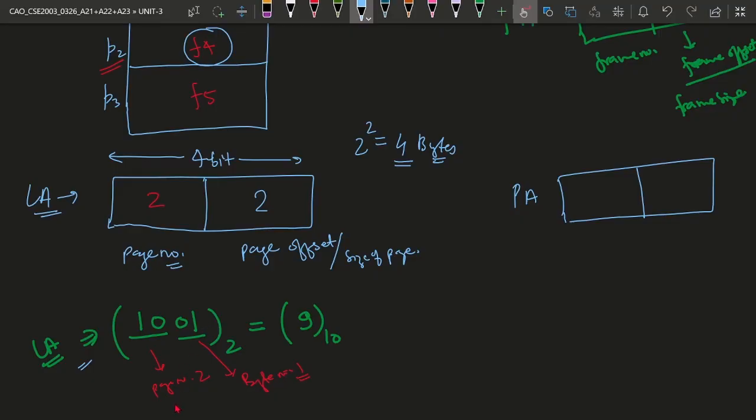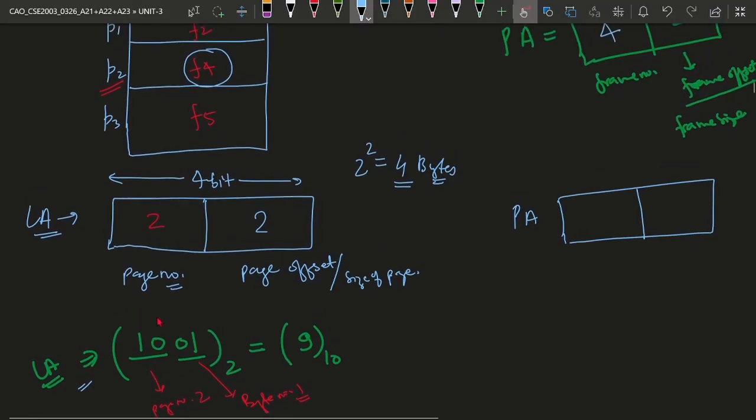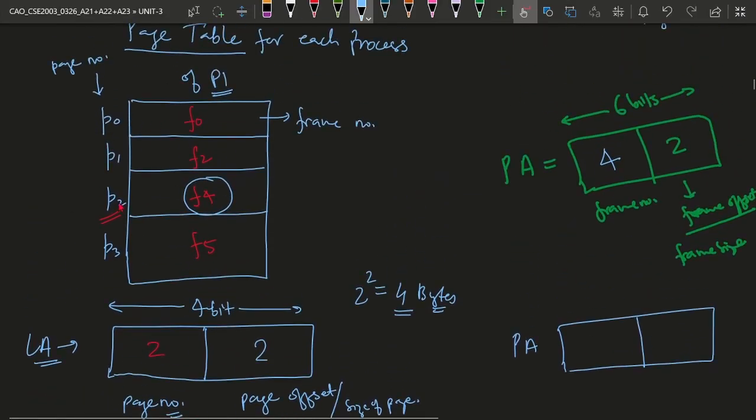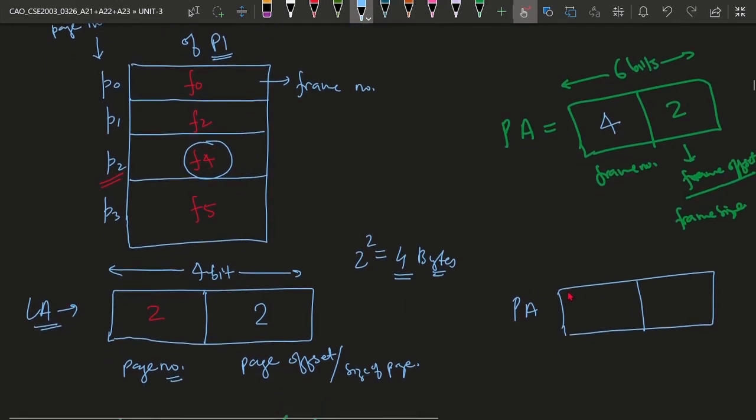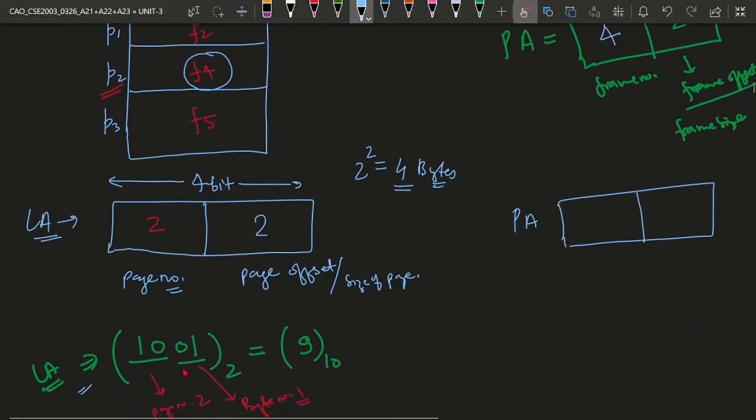Now we need to go to the page table and search for page number 2. In the page table, page number 2 is located at frame number 4. If it is located at frame number 4, that means in the physical address we will be going to frame number 4 with the offset value 01.